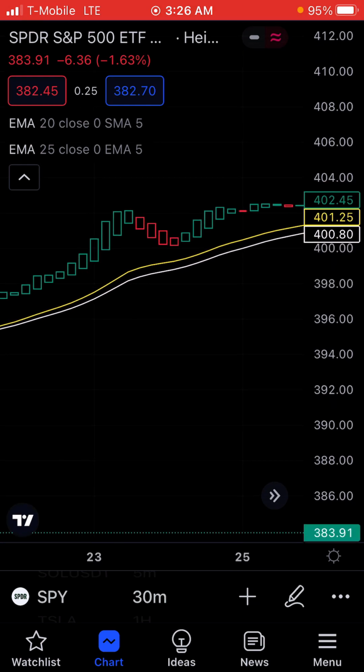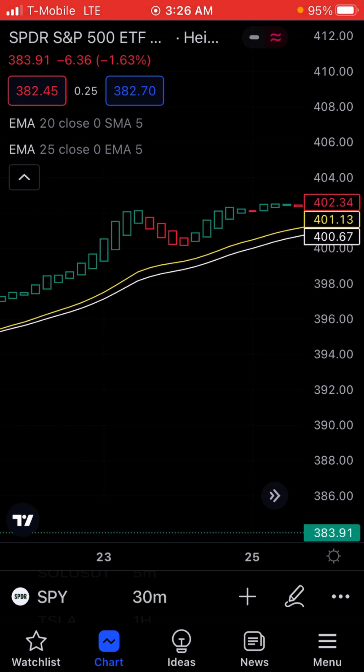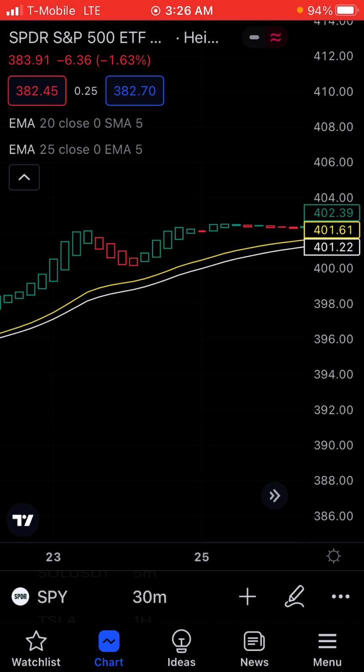What you basically do, as I've mentioned in other videos, is this: as long as the lines are going in a straight pattern, the price is going to follow that direction. The reason I put the 20 and 25 so close together is because the candles react to everything that these moving averages do.